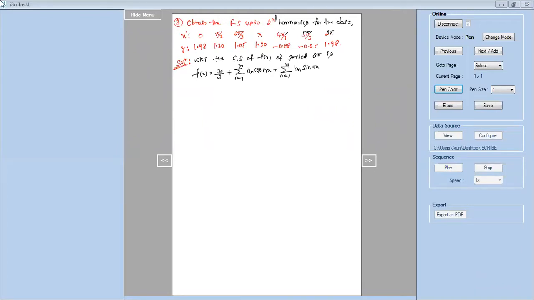So this is the formula for the Fourier series of a function f of x whose period is 2 pi.